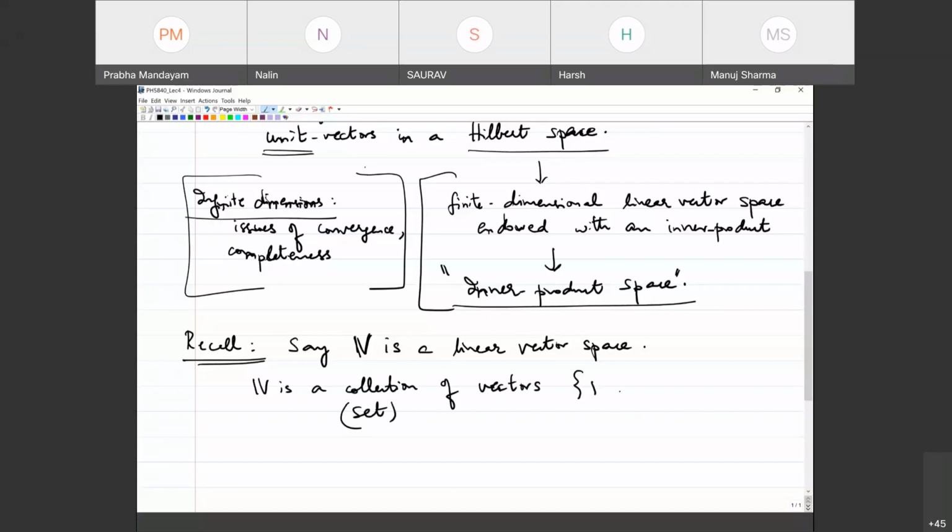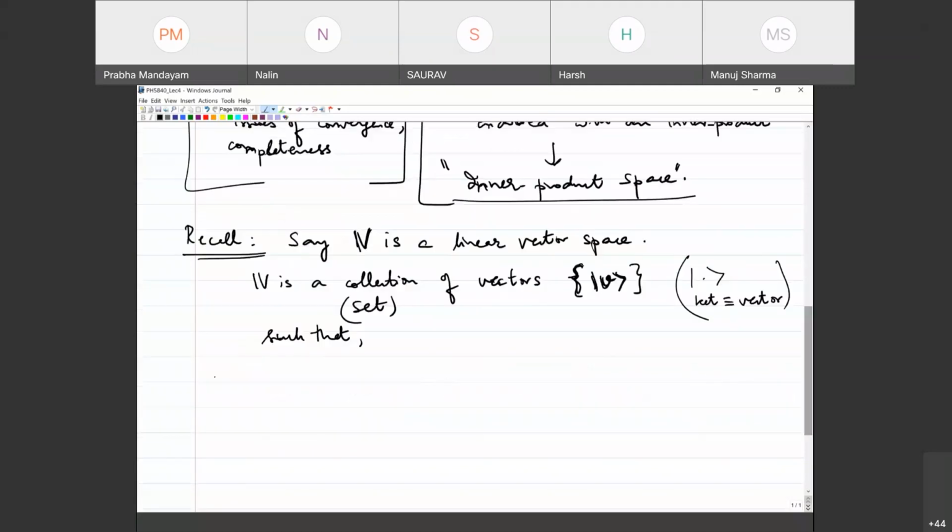And I will denote this set of vectors as ket V, right? I can put a subscript Vi to enumerate them and so on, but it's understood that this V is some label which is labeling the elements of this set, right? The ket, as always, for me denotes a vector in a vector space, right? So it's some collection of vectors such that the following properties are satisfied, okay?